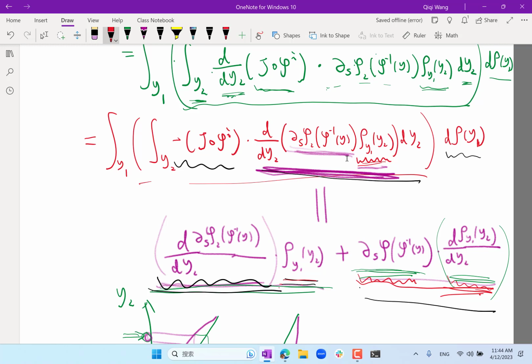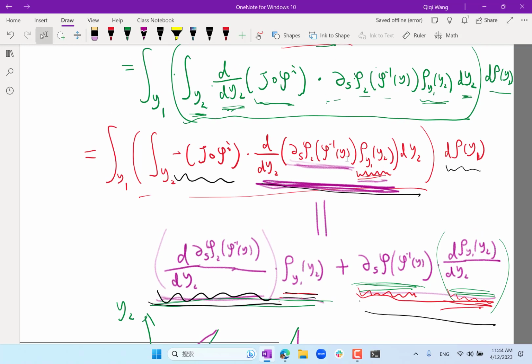So we have to figure out a way. If we still want to compute the integral in the most convenient way, which is sampling over one or many long trajectories, we have to convert the second term into a form that has a d rho y2 in this equation.